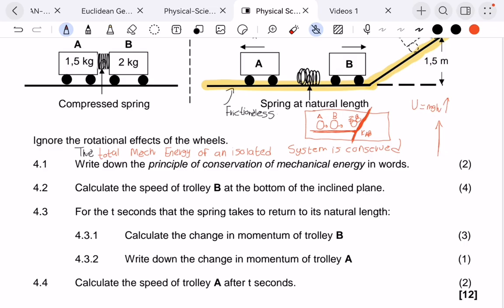Because the ball had a very high potential energy, and as it moved down, it converted that potential energy to kinetic energy.